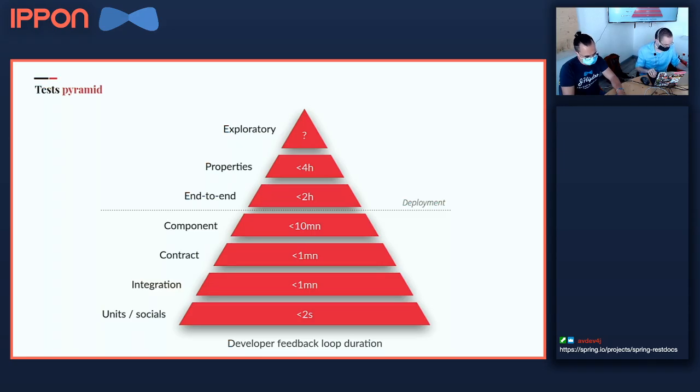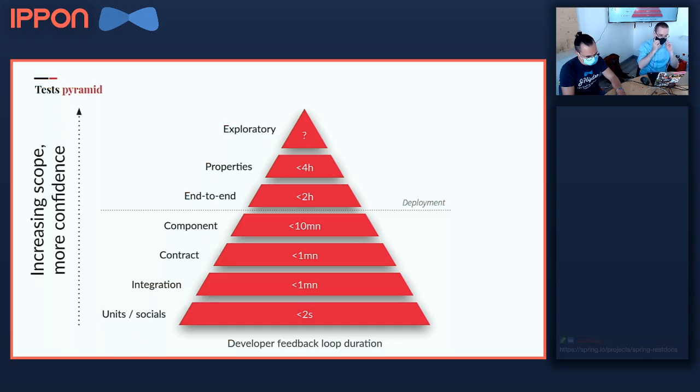So we'll see that. Okay, so this is a pyramid because the more you go up, the more confidence you have because you're increasing the scope. But you don't do all your tests in an exploratory mode, because you'll spend weeks and weeks doing tests.